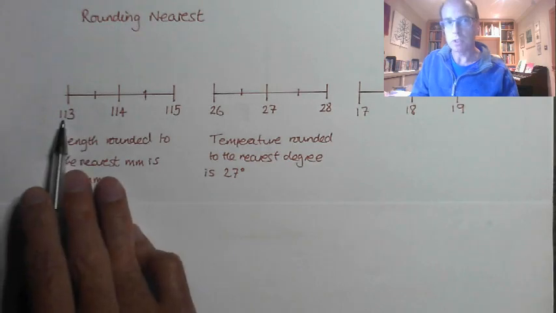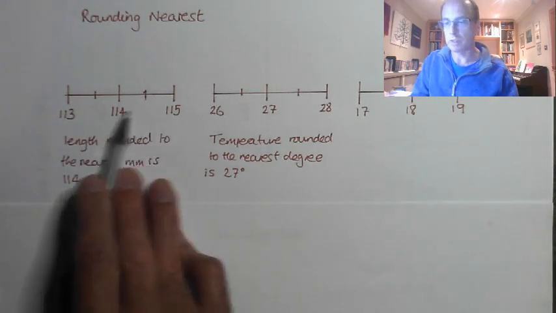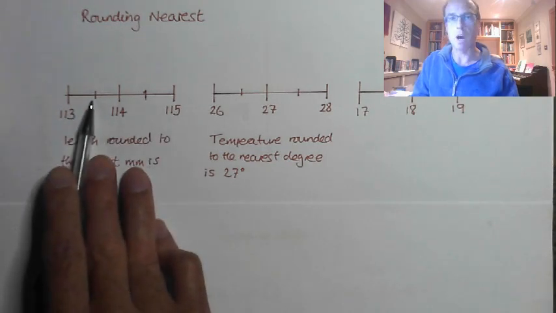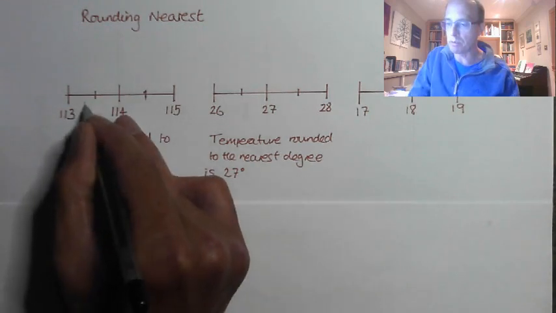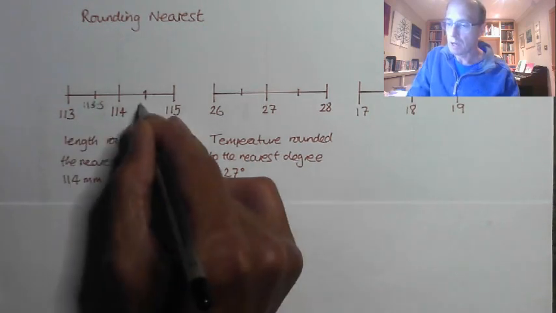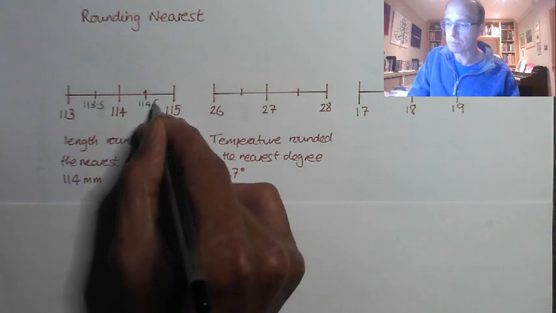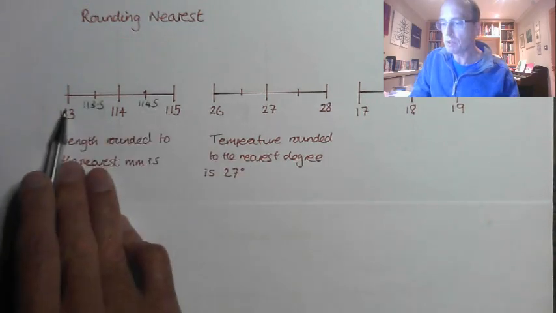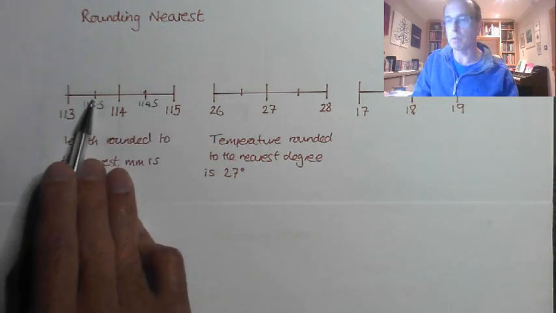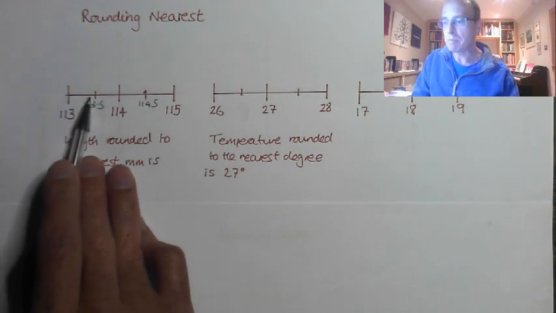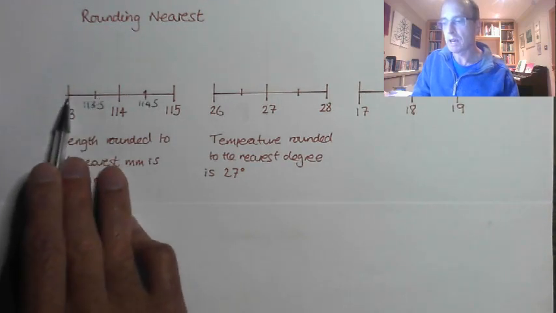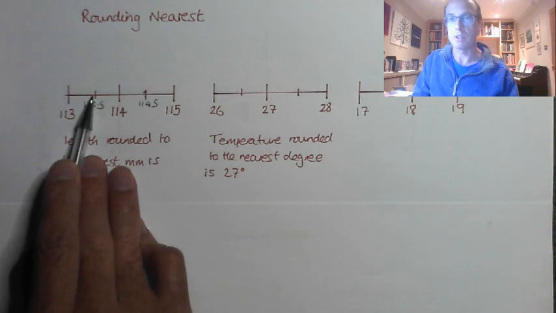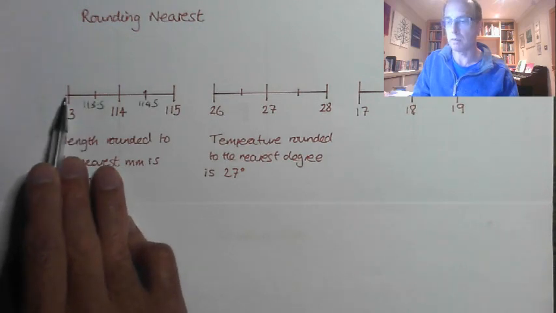So I've got my 113, 114, 115, and I've marked on my half values, so this is 113.5 and 114.5. So anything between 113 and 113.5 will get rounded down. So if my piece of wood is any of those lengths, not interested, it's going to go down to 113.